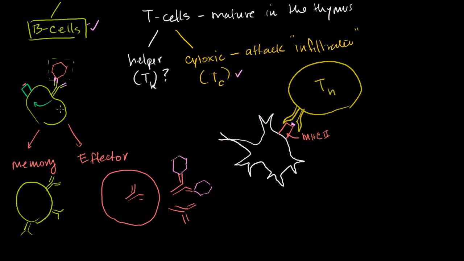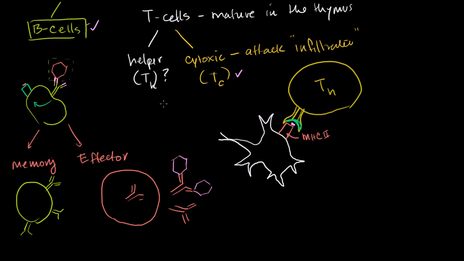But like the membrane-bound antibodies on B cells, where every B cell, or almost every B cell, has a different version, a different variable chain, that's also true of helper T cells. Just like the B cells, this has some variation in what it binds. So this right here is going to be variable from one helper T cell to another.